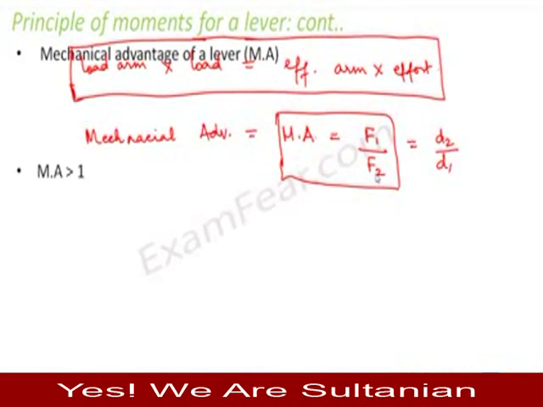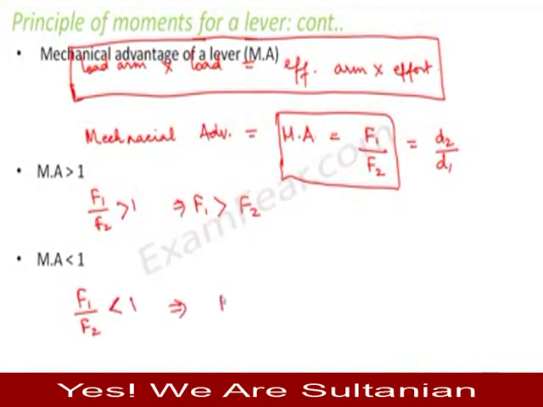So when the mechanical advantage is much greater than 1, that means F1 by F2 is much greater than 1, which means F1 is greater than F2. Similarly, when it is less than 1, this means F1 by F2 is less than 1, which implies F1 is less than F2.